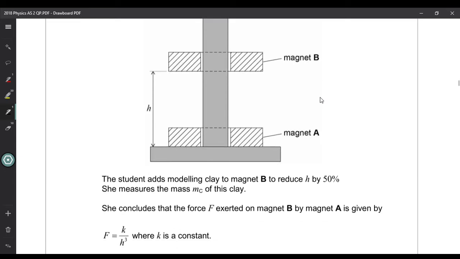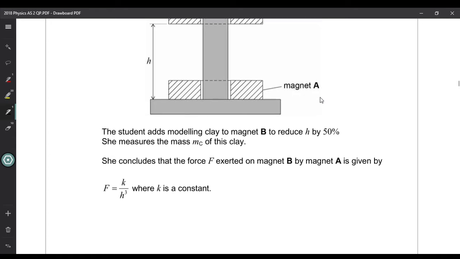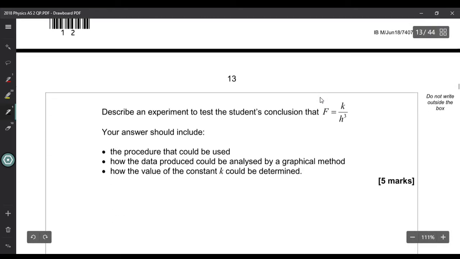She concludes that the force exerted on magnet B by magnet A is given by F equals K over H cubed, where K is a constant. Describe an experiment to test the student's conclusion that F equals K over H cubed.